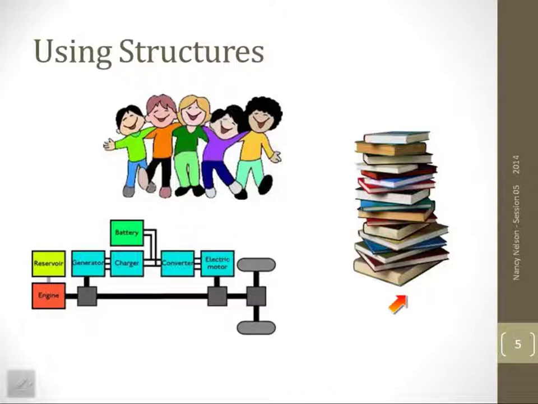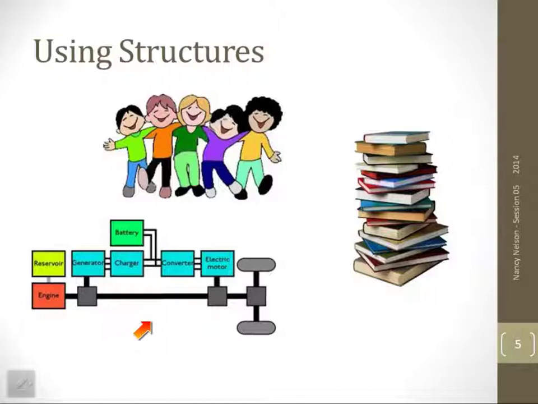We might want to keep track of the books in a library or the books that you have on your digital device. So we would have the author, we would have the name of the book, we might have a call number. So again, different types of information that are all associated with the same thing. And we might want to keep track of a system. So we can see we have different components in this system: batteries, chargers, converters, motors, generators, each of which would have different characteristics.